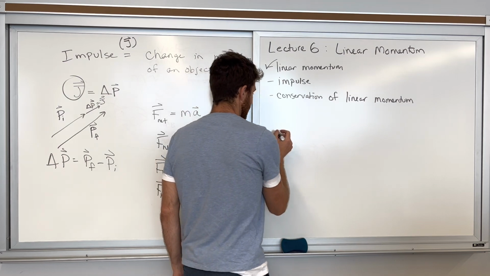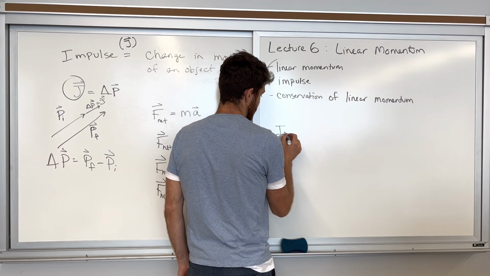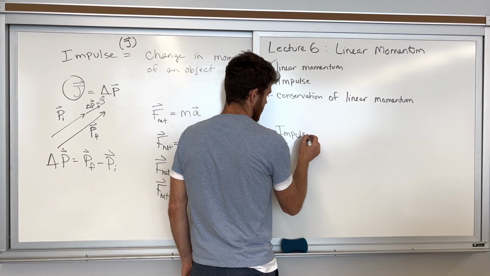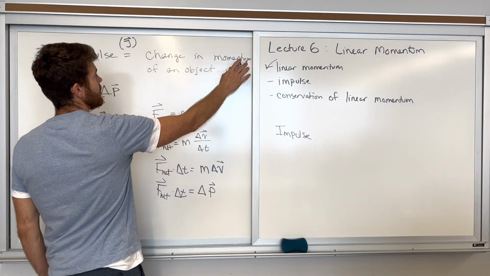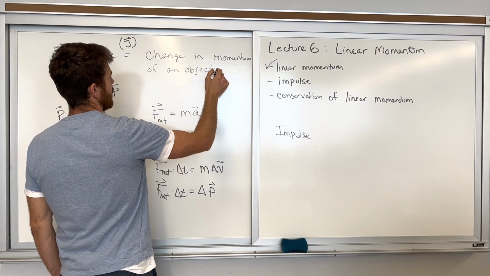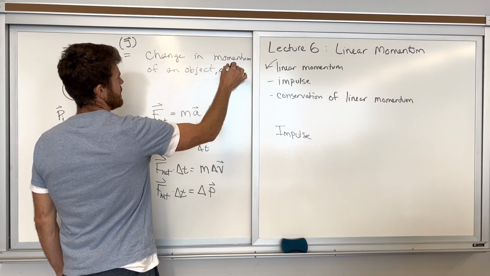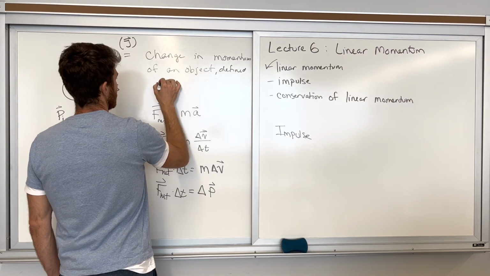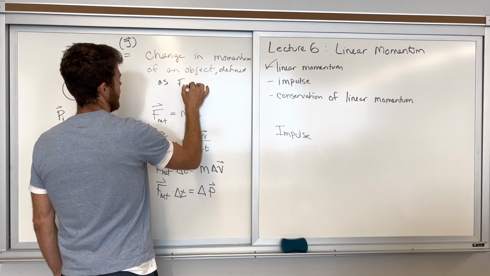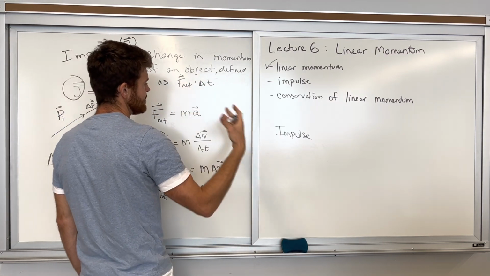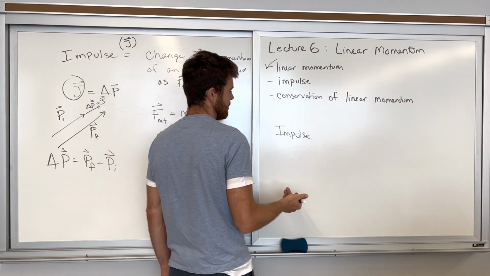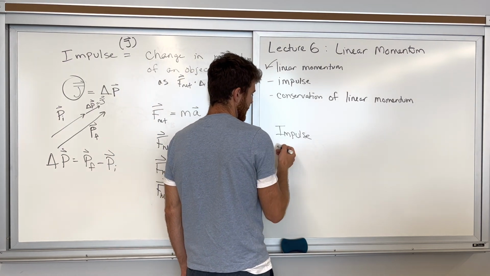Okay? But let me just say, so impulse, or I could say change in momentum of object, defined as F net times delta t. So it's some average net force applied for some time. Okay?